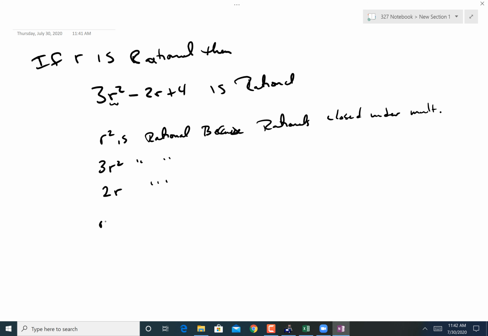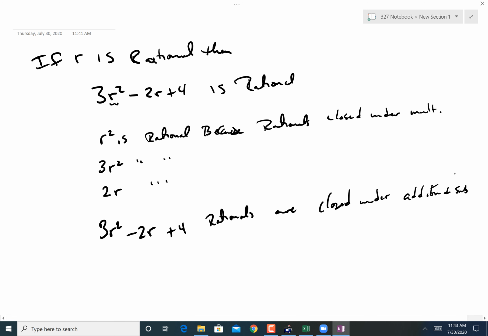And therefore, if you take 3r squared minus 2r plus 4, that's rational because rationals are closed under addition and subtraction.